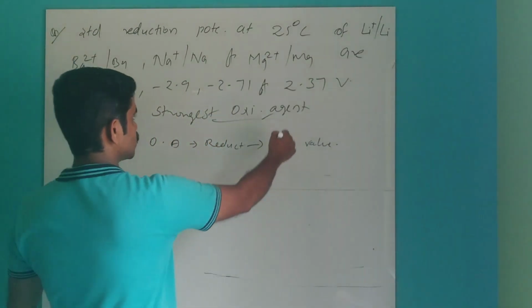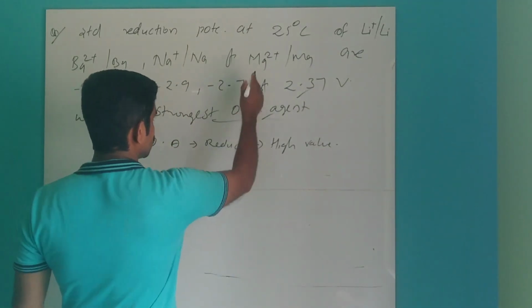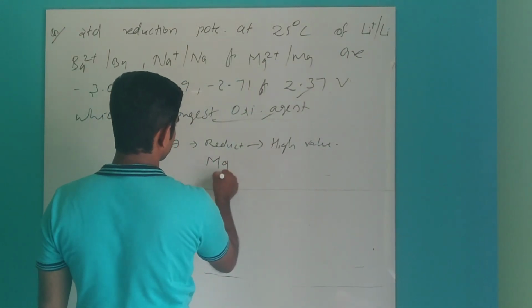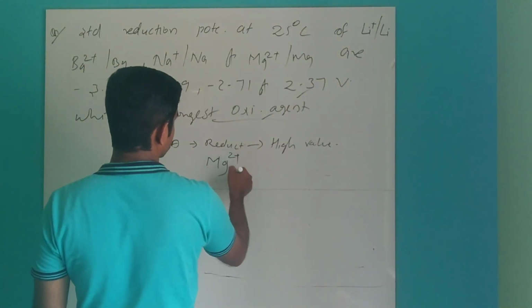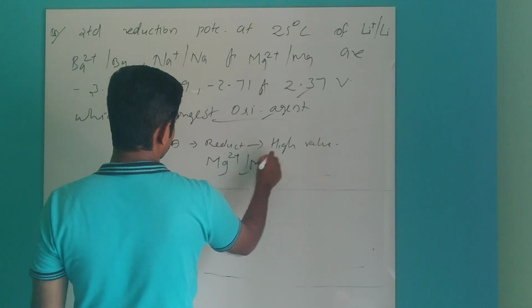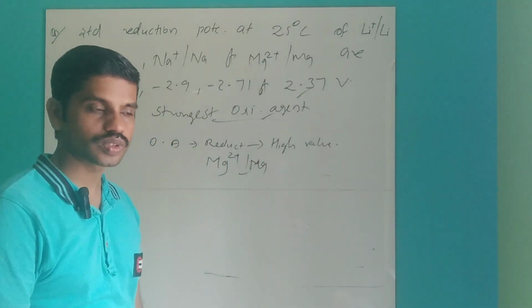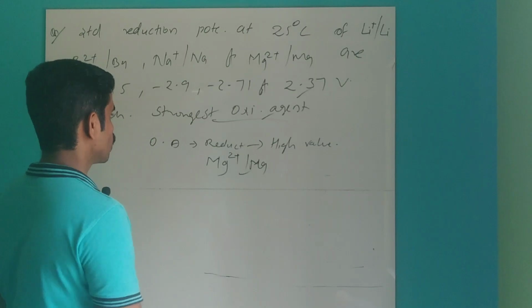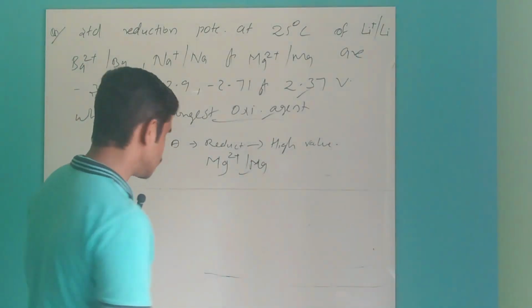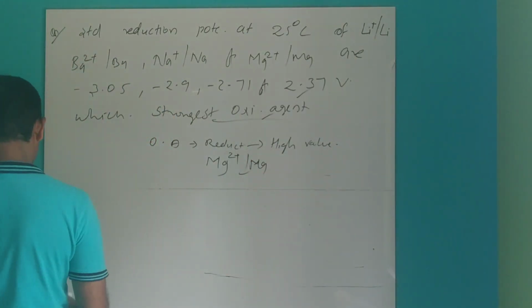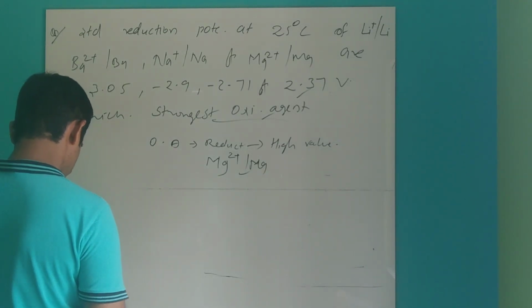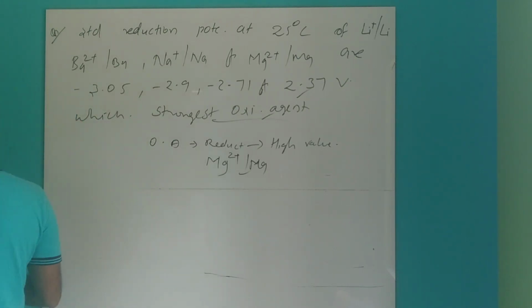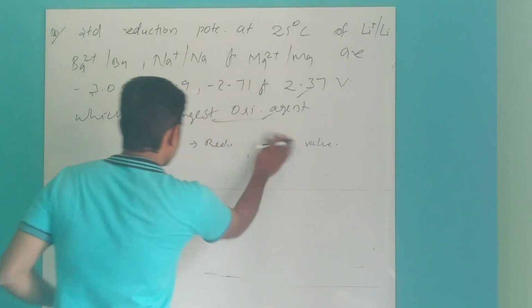The last one is the highest, so that means Mg2+|Mg, magnesium, is the strongest oxidizing agent. Then one more question we'll discuss.